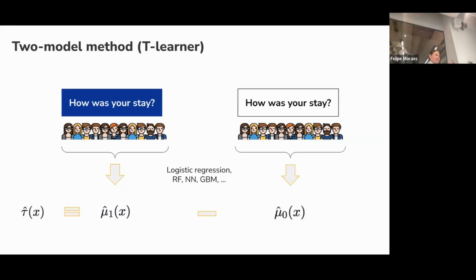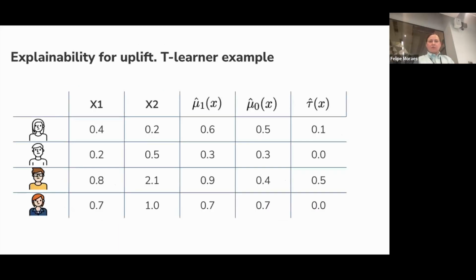So a quick reminder on 2 models: you have one model for treated users and one model for untreated users. It can be any kind of model. So let's assume here that you have 2 black box models, right? And you can estimate the uplift as the difference between the predictions of the two. Let's say you have 2 features, x1 and x2, and you have that uplift.